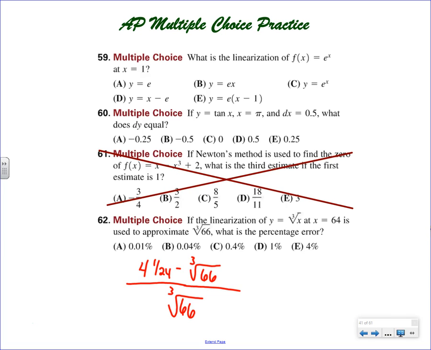Figure out how far off, divided by the actual. Yes, because they were actual numbers. You define the error though. The actual is the cube root of 66.